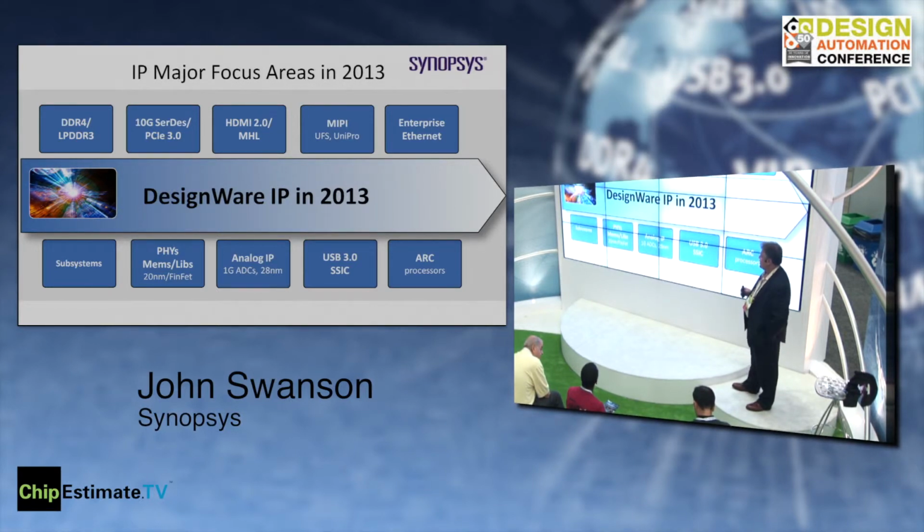The other exciting thing, because I've talked about the analog IP and the PHYs, USB, the ARC processors, which we've had for a couple years now. But one of the things we're doing with the ARC processors that is really cool is the audio subsystems, or subsystems in general. The first one we did was the audio subsystem. So if you're doing a chip for a cell phone or an automotive infotainment system, you can take an ARC-based audio subsystem.